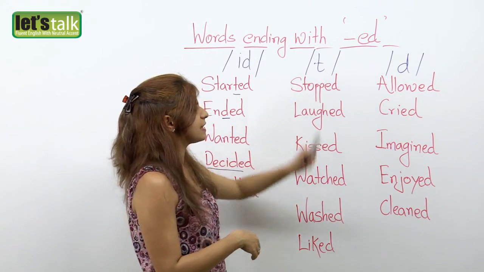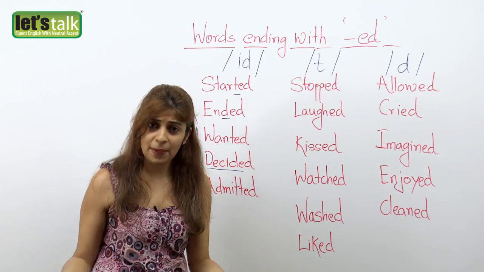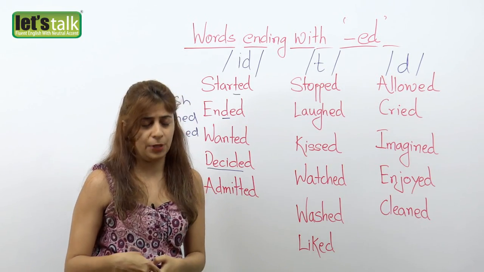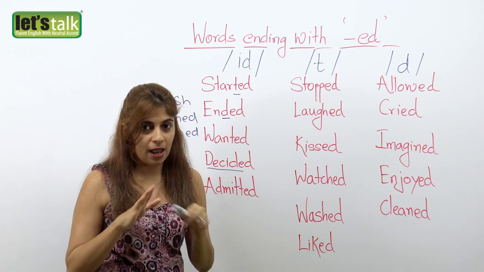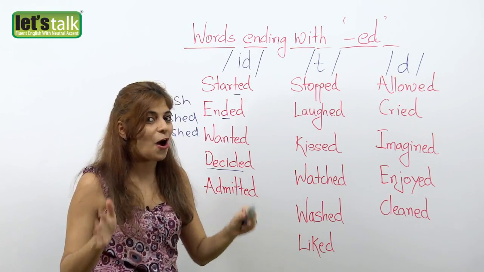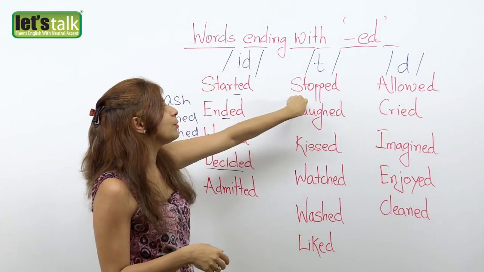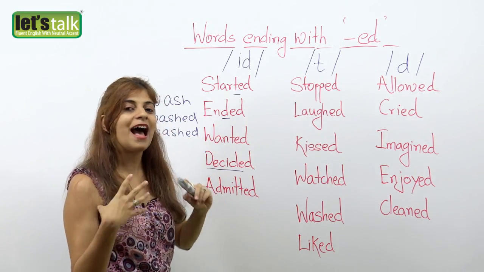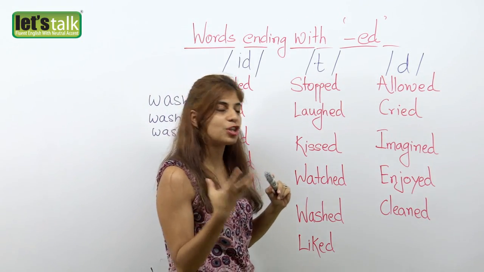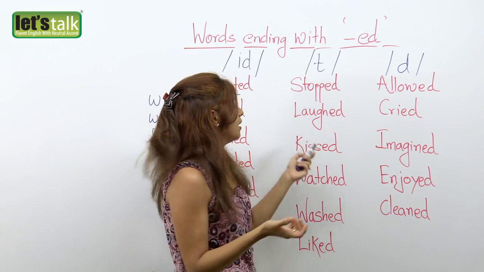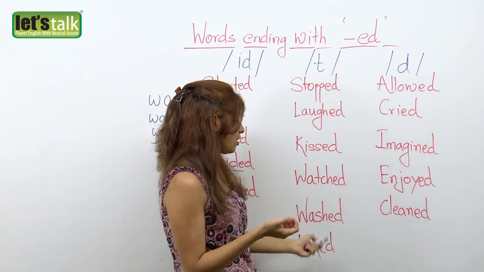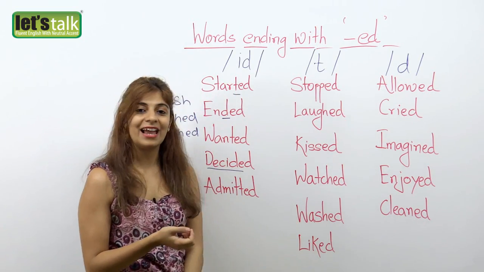You're not going to say stop-id. There are people who do pronounce it that way, and that's a huge blunder. So please do not make that mistake. It would be stopped. It has to end with the t sound. Stopped, laughed, kissed, watched, washed, and liked.